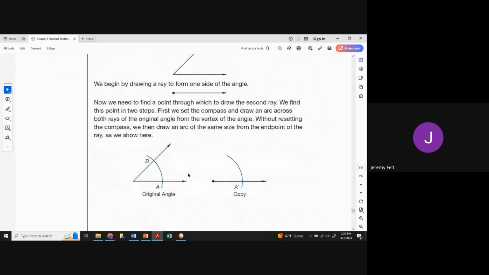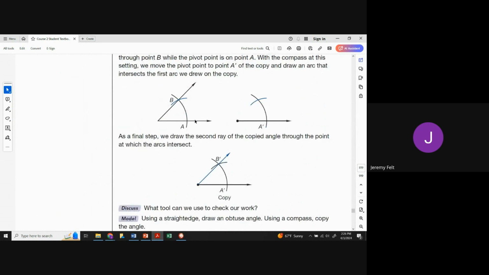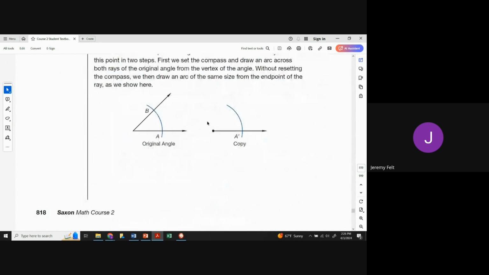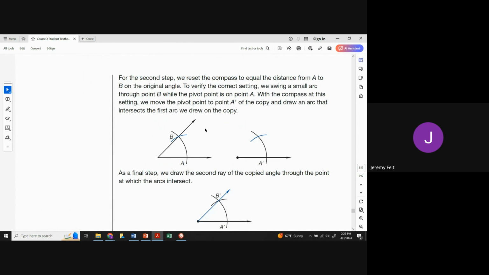Copying an angle. Here's our original angle. From this vertex right here, we draw with the compass and swoop through. We figure out this distance right here, and we would do that same distance here and swoop through.